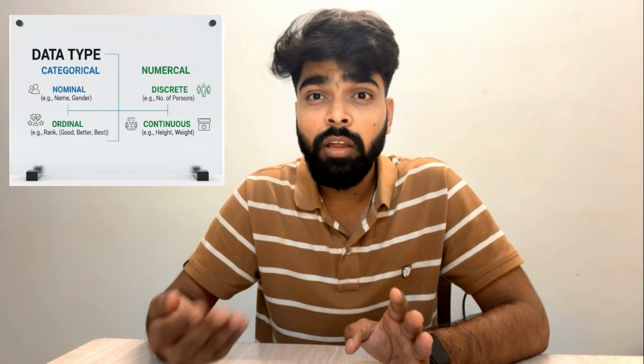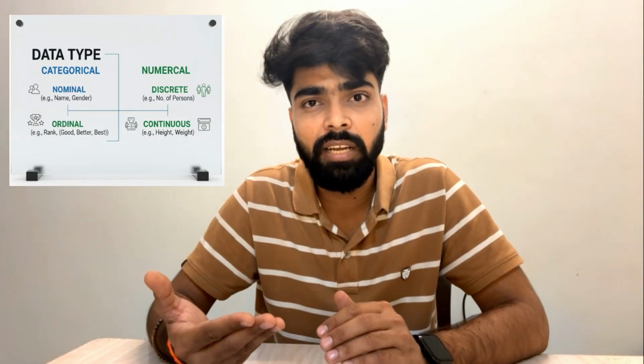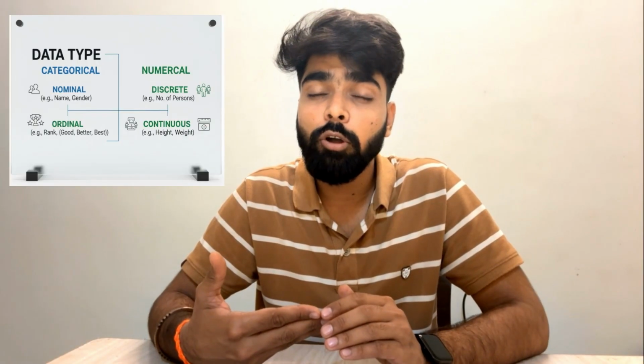Now if I talk about visualization, based on this data we have two types of visualization, that is univariate analysis and multivariate analysis. If I talk about univariate analysis, in your database there are so many columns, right? So if you are doing the visualization on a single column only, then it will be a univariate analysis, right?